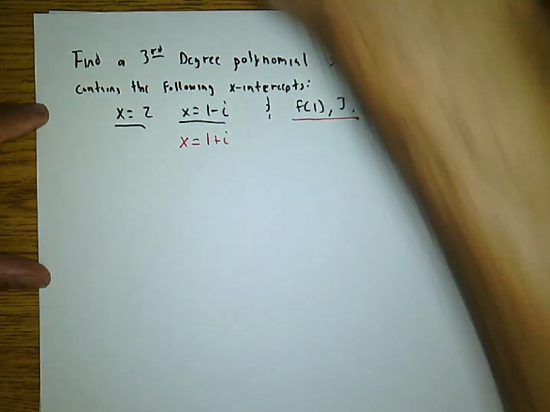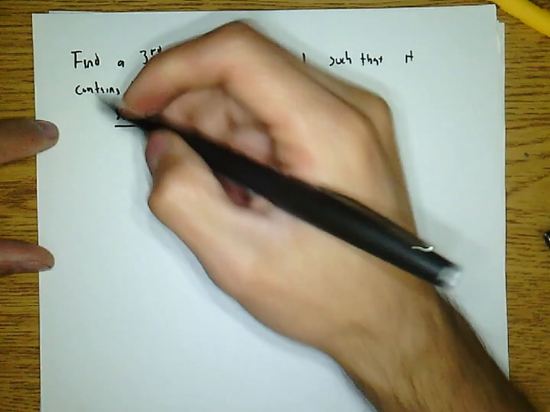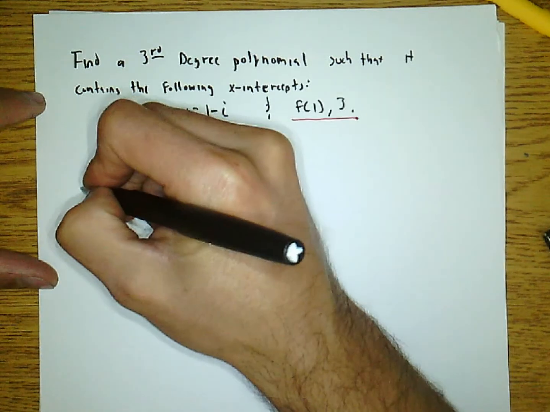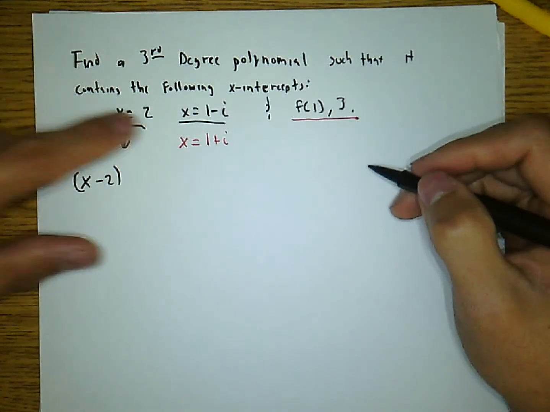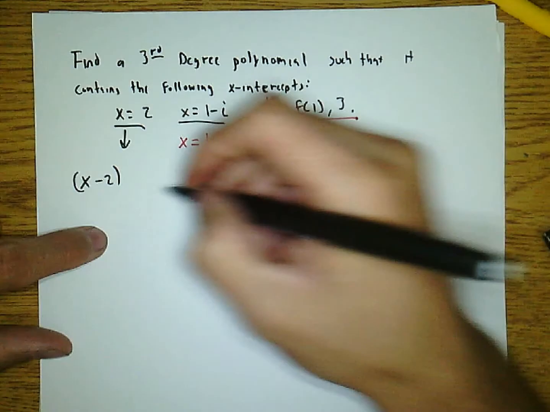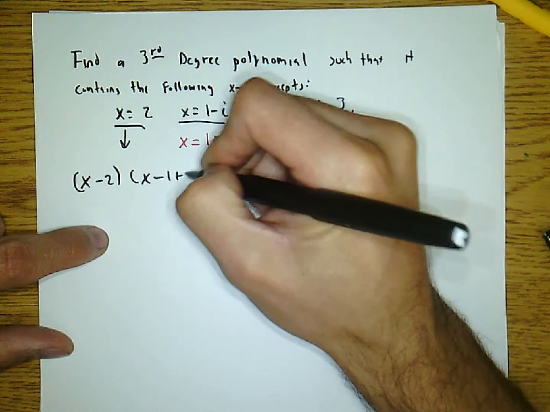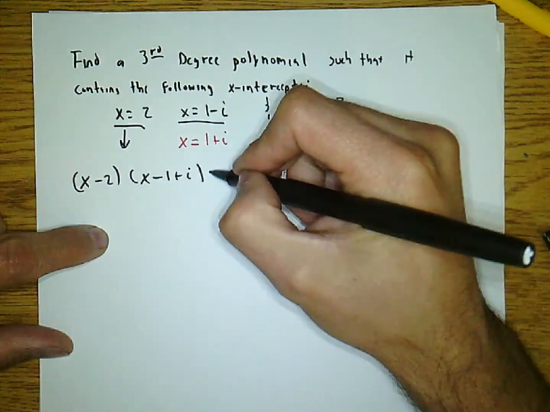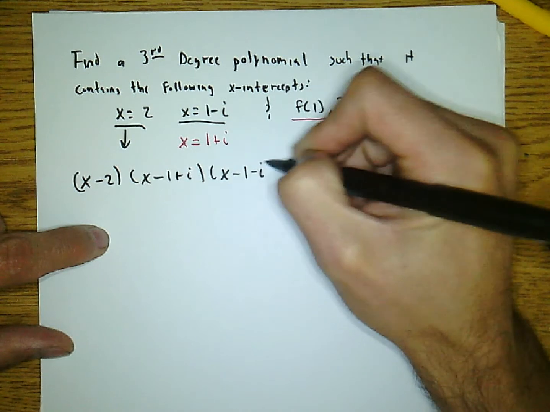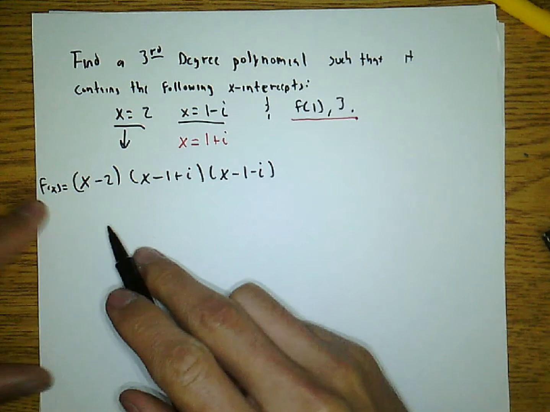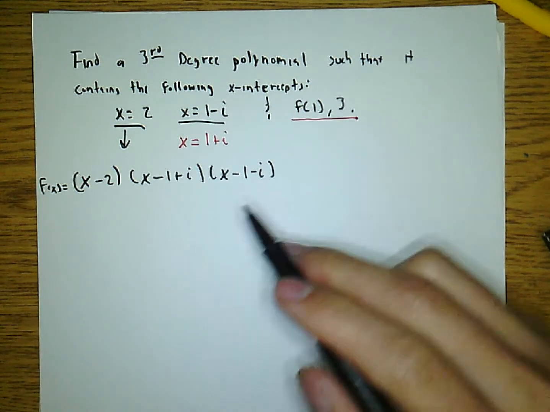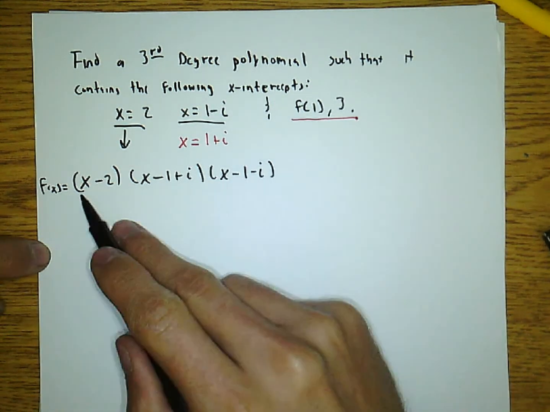So let's go ahead and tackle this. x equals 2 is the same thing as saying x minus 2. This part is like saying x minus 1 plus i, and this one is like saying x minus 1 minus i. That gives me this polynomial as a product of linear factors.